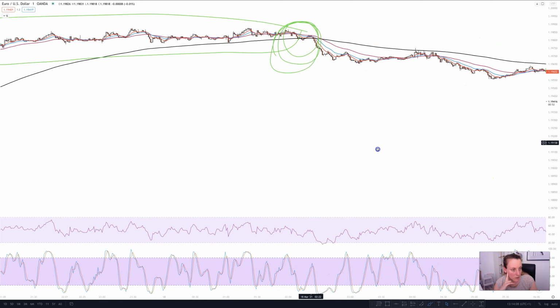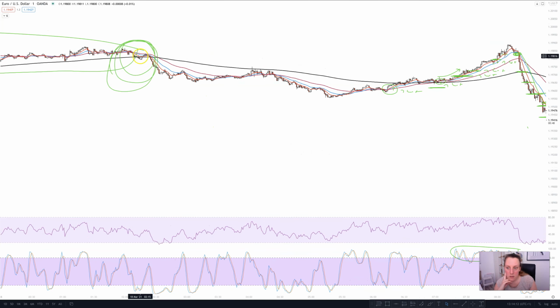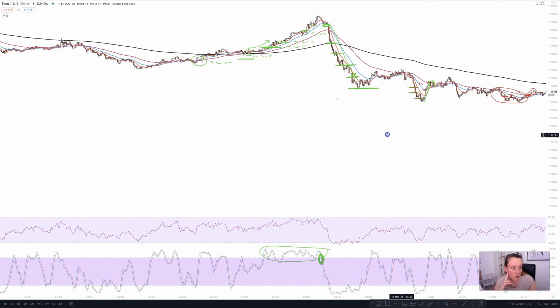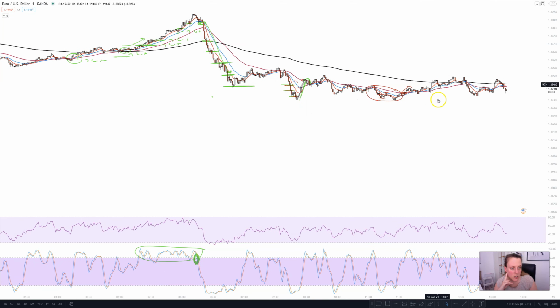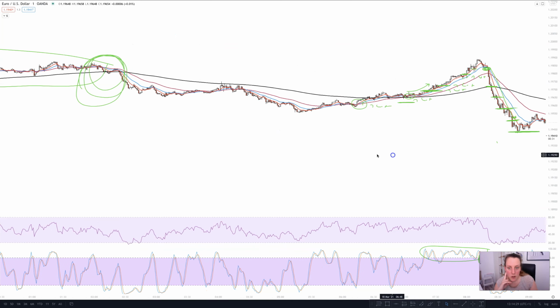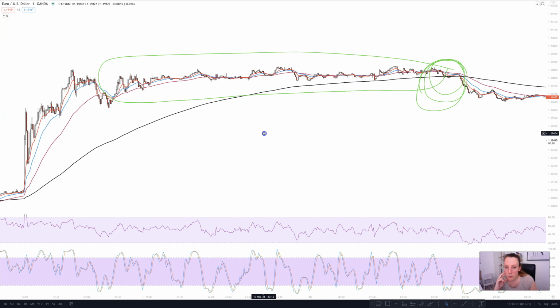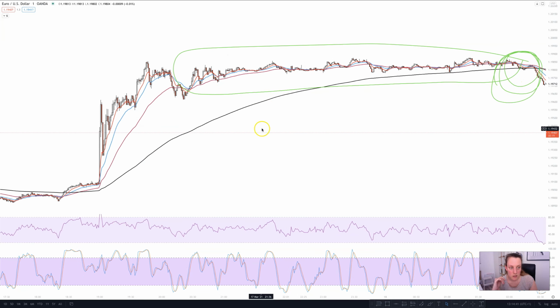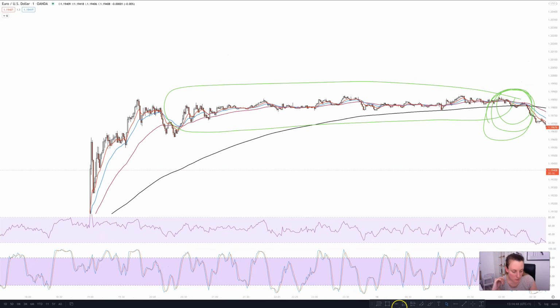So here it goes down, then it comes back to the 200 EMA again, it goes down again, and then it goes up, and then it comes down, and now we are in this ranging market. So the market will always breathe. When the market is trending, then it has to breathe before it can trend again. So it's ranging.